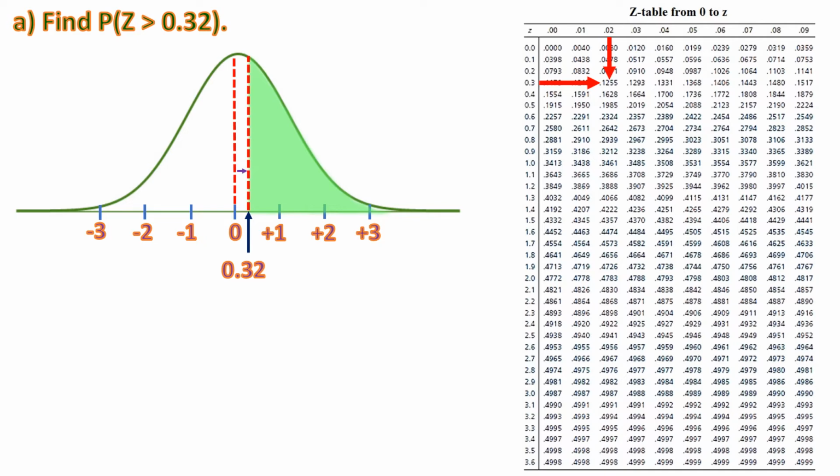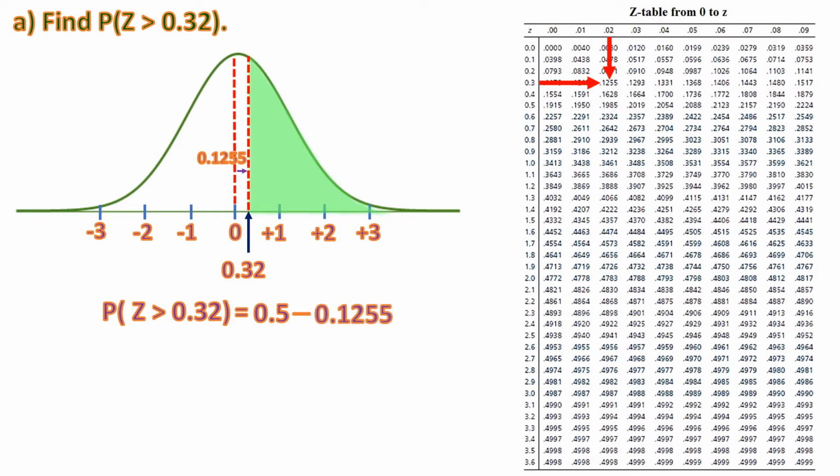So the area of that unshaded part is 0.1255, and we can now solve for the area of the shaded part, which will be equal to 0.5, that's the whole thing at the right of 0, and we're going to remove the unshaded part because that's not part of the answer.